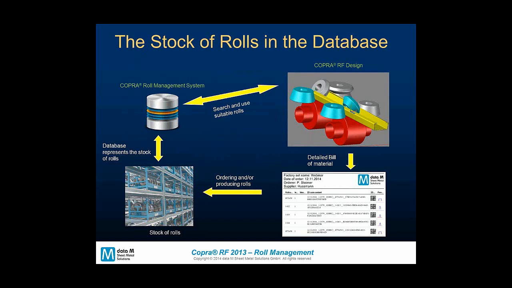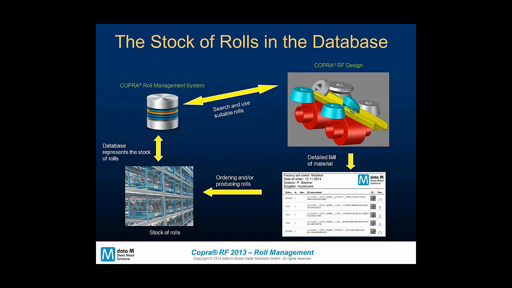Then, in doing so, from within the COPRA RF design interface, we can create a detailed bill of materials of new and existing rolls, albeit combi or stock rolls. So we can then order new rolls if needs be, or we can use existing ones.